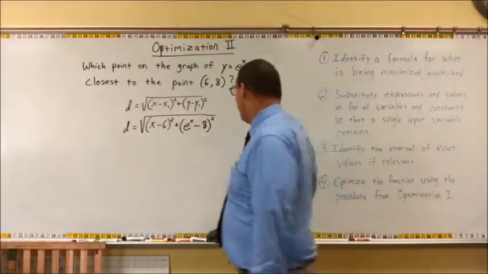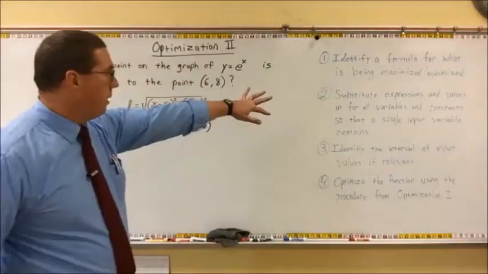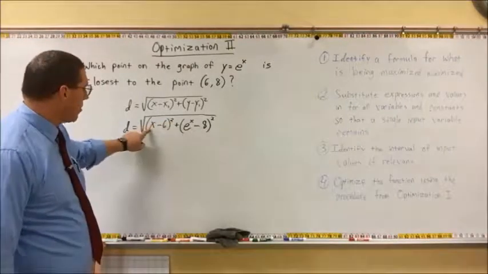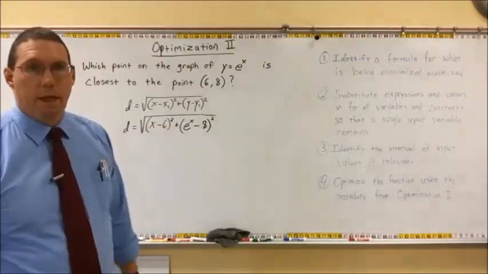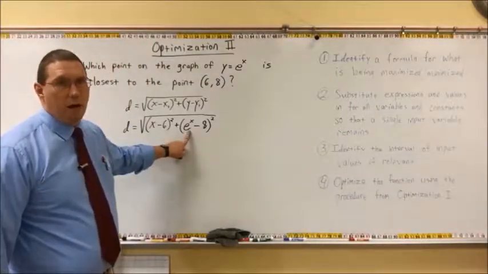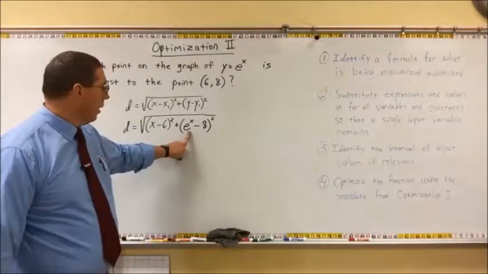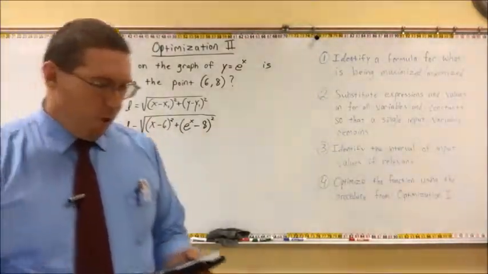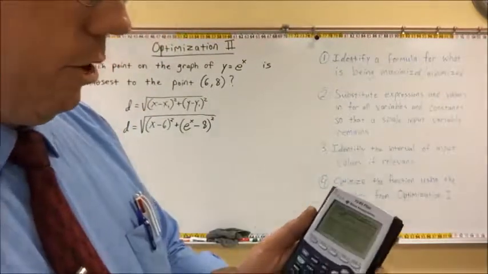So we now have a formula that has one output value and one input value, x here and x here, but we're only plugging x's in. Okay? Remember, e is a constant, a mathematical constant. It's not a variable. Okay? So now we want to minimize this formula. So we're going to go to the calculator. We'll clear this out.